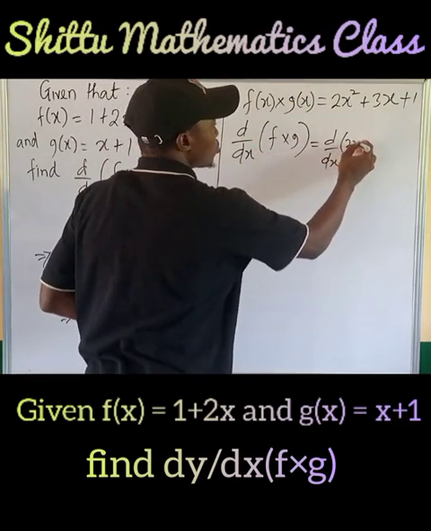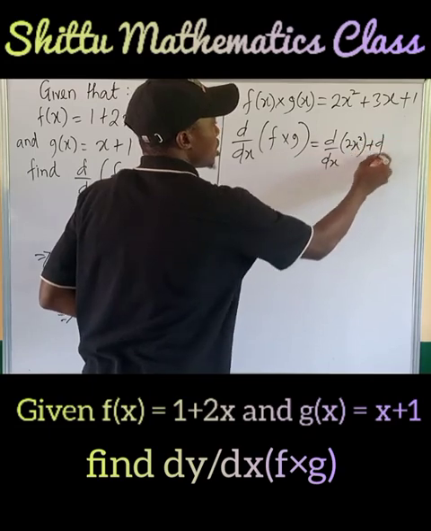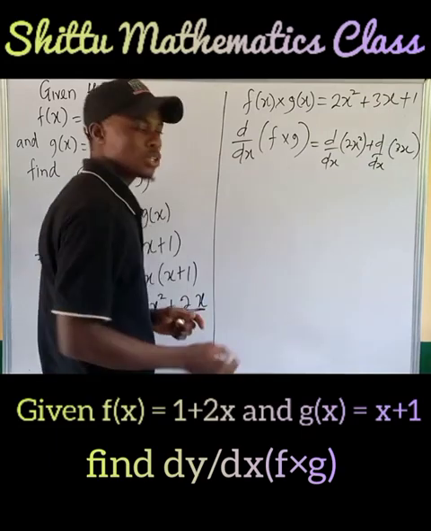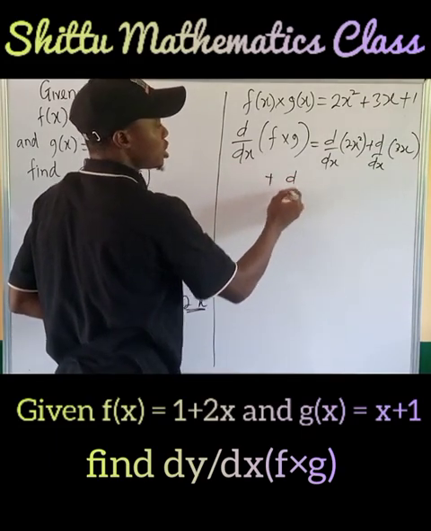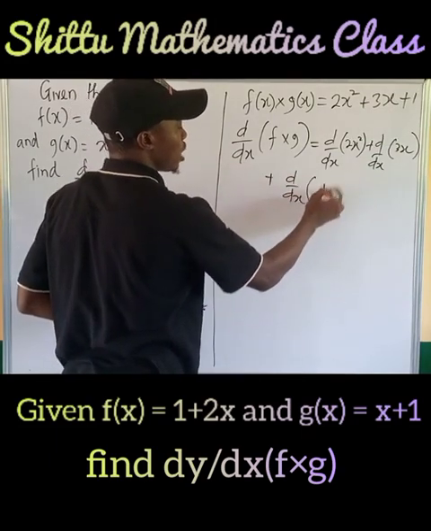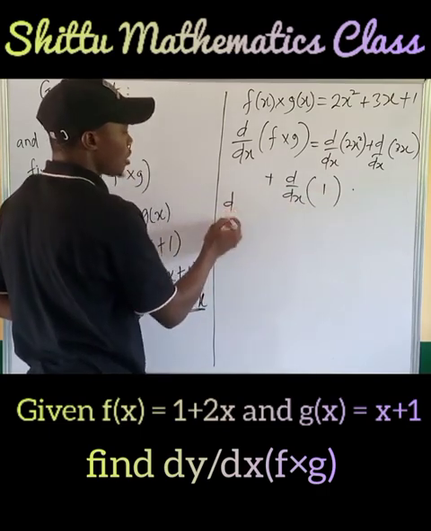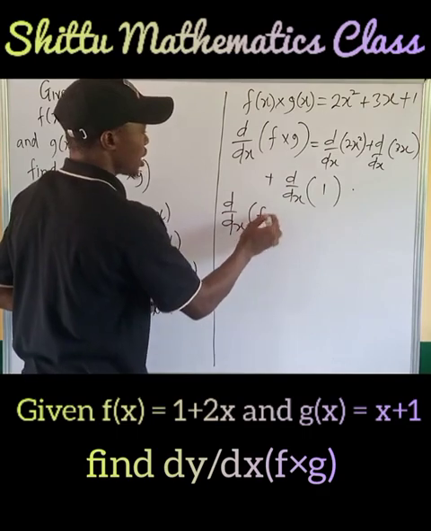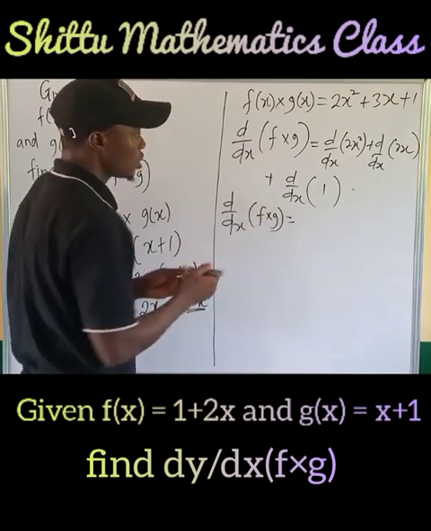We have d dx of 2x squared plus d dx of 3x, then plus d dx of 1.